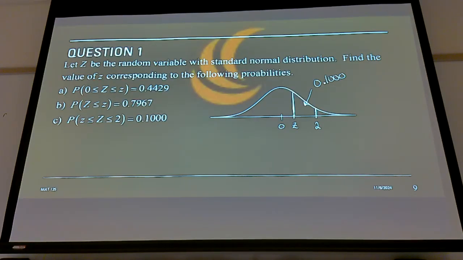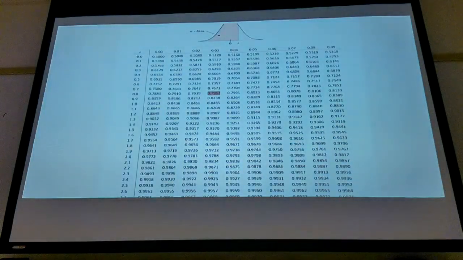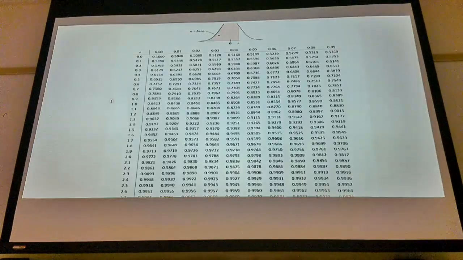First, let's look for that. It shouldn't be too difficult. So come to the chart. We want a z-score of 2.00. It's that area.